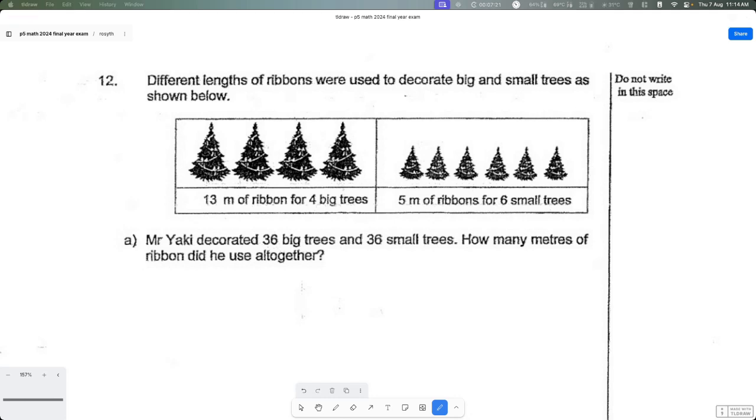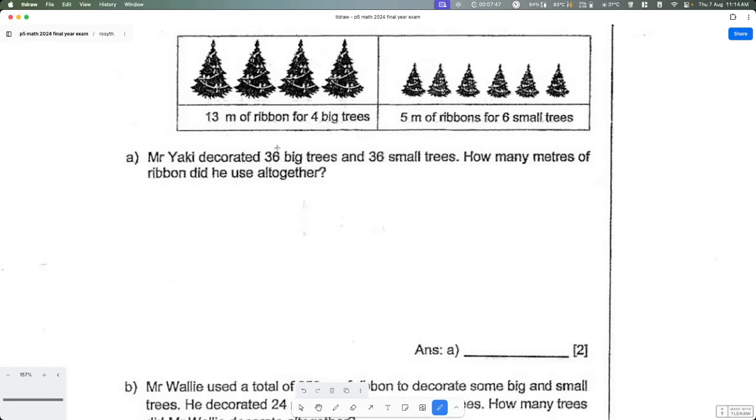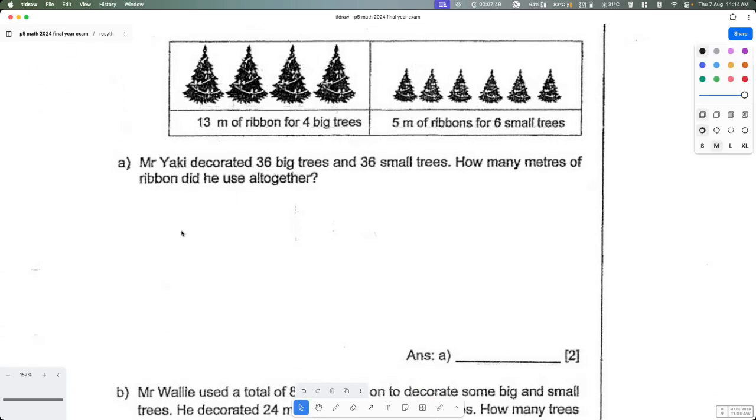So you have 13 meters of ribbon for 4 big trees and 5 meters for 6 small trees. We know there are 36 big trees, and 4 big trees use 13 meters of ribbon.